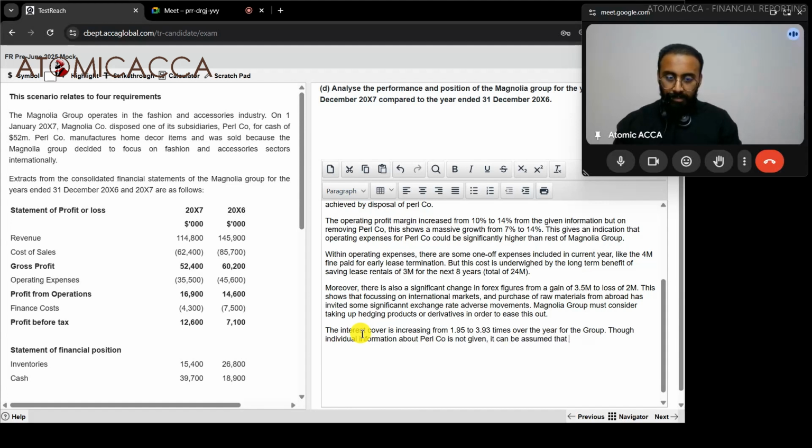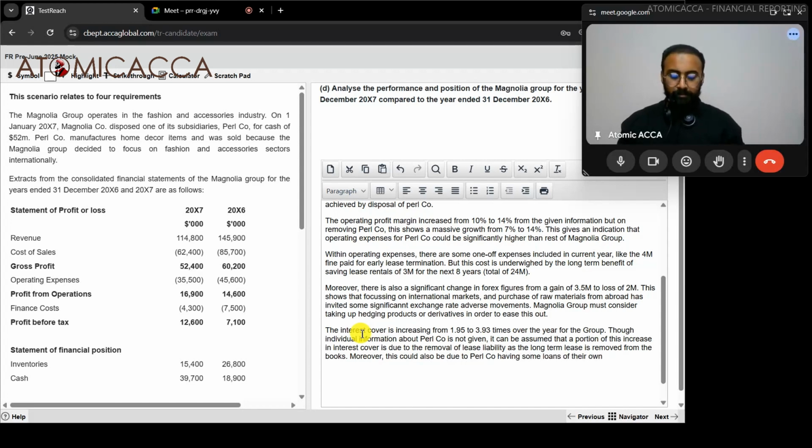It can be assumed that a portion of this increase in interest cover is due to the removal of lease liability as the long term lease is removed from the books. Moreover, this could also be due to Pearl company having some loans of their own. Right, so that is enough.